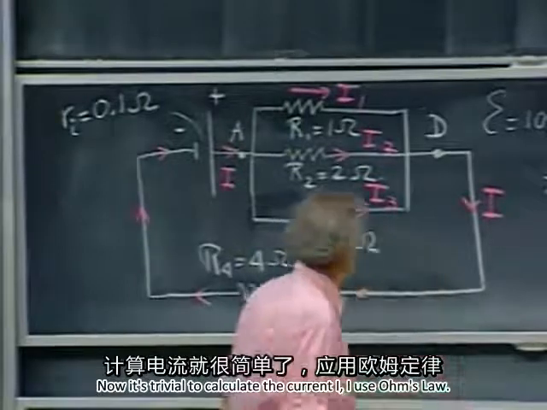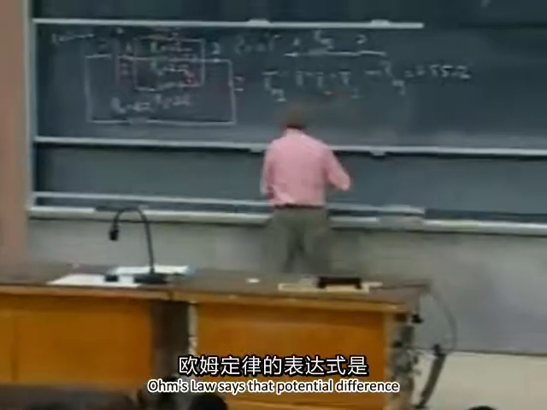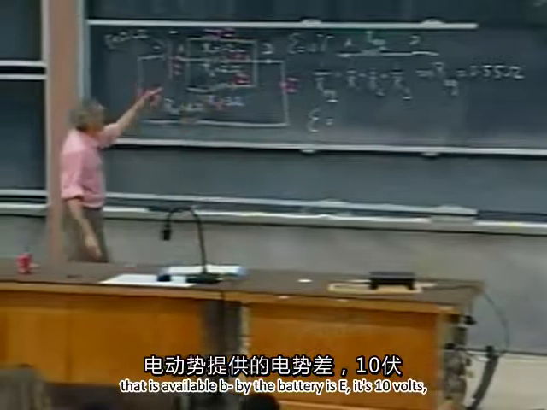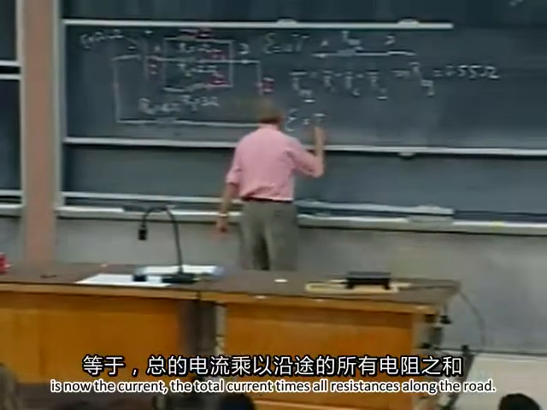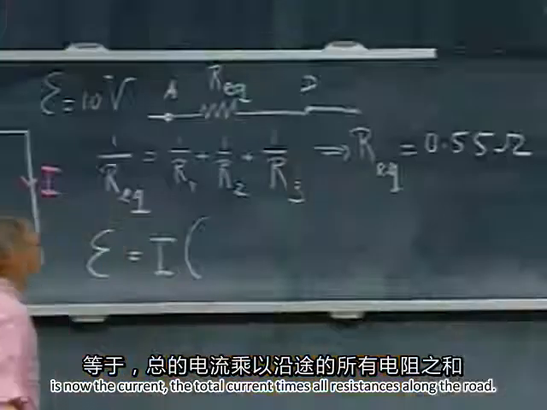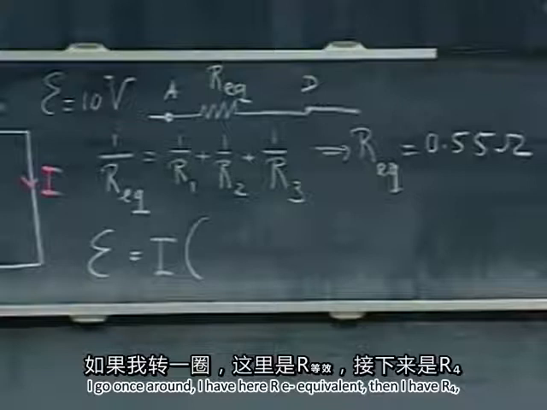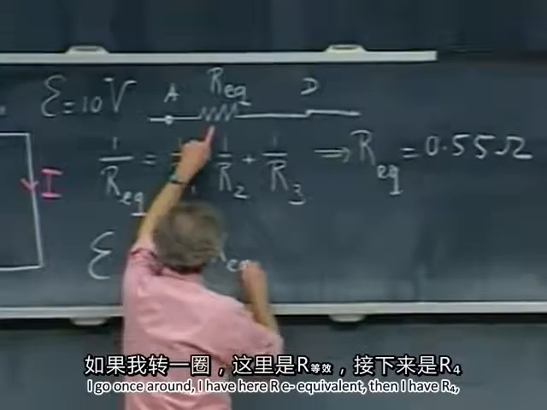Now it's trivial to calculate the current I. I use Ohm's law. Ohm's law says that the potential difference that is available by the battery, E, which is 10 volts, is the total current times all resistances along the road. I go once around. I have here R equivalent.